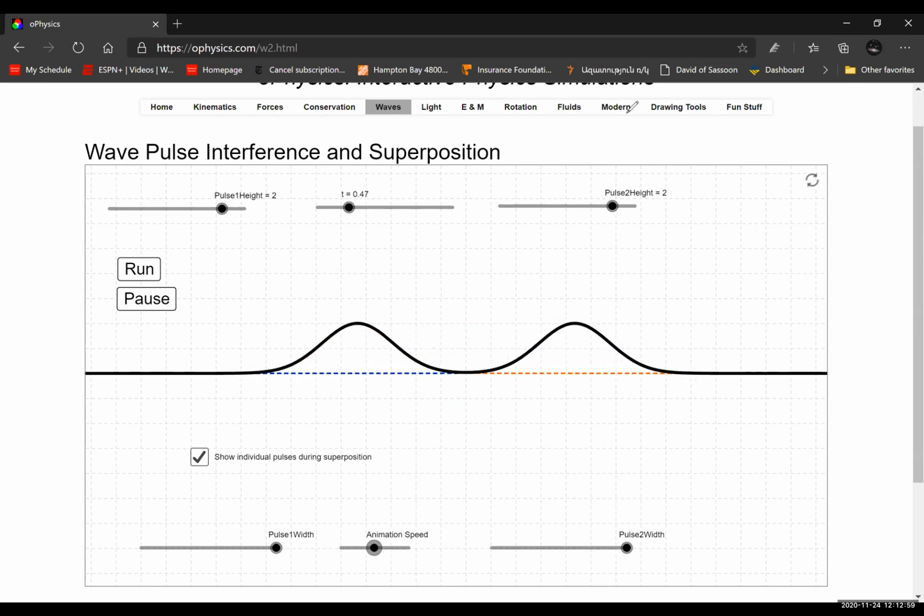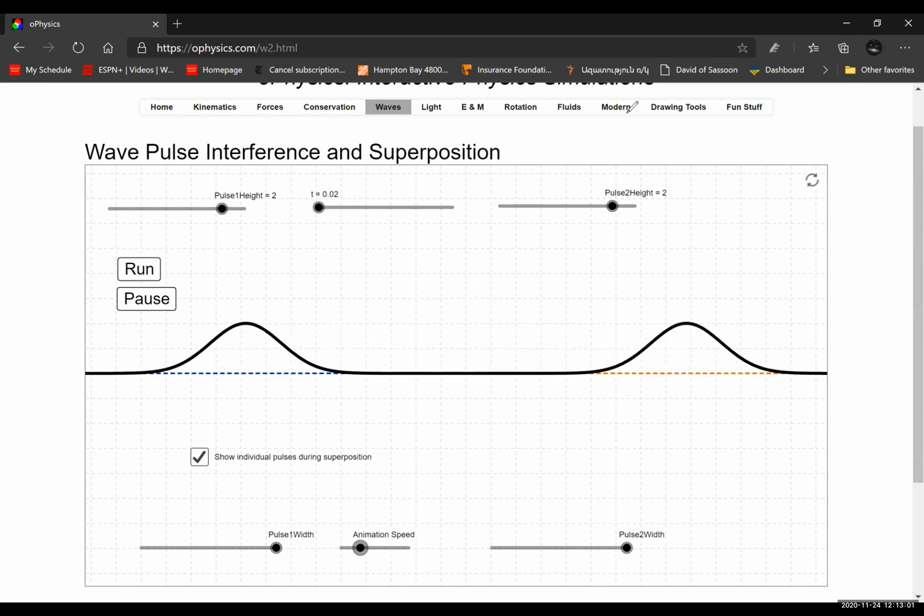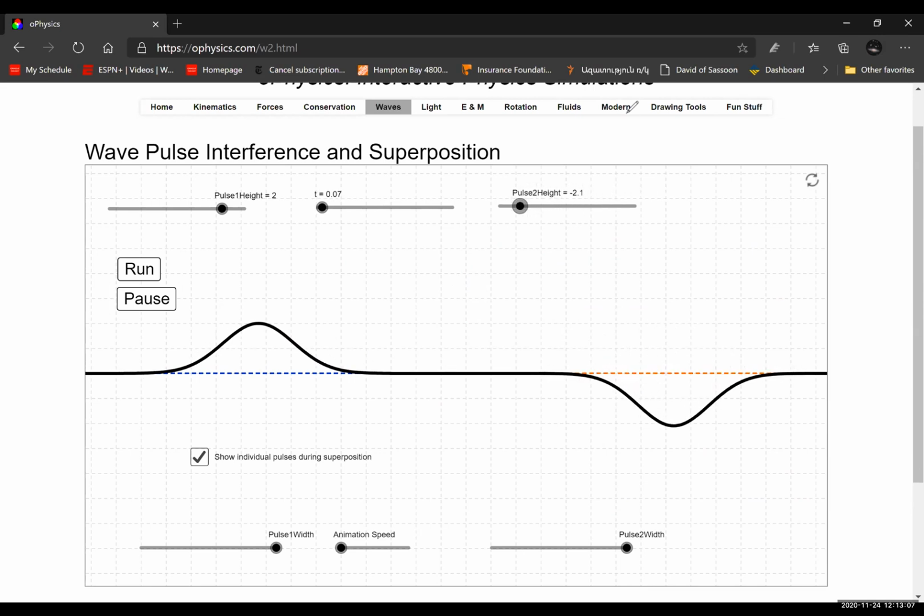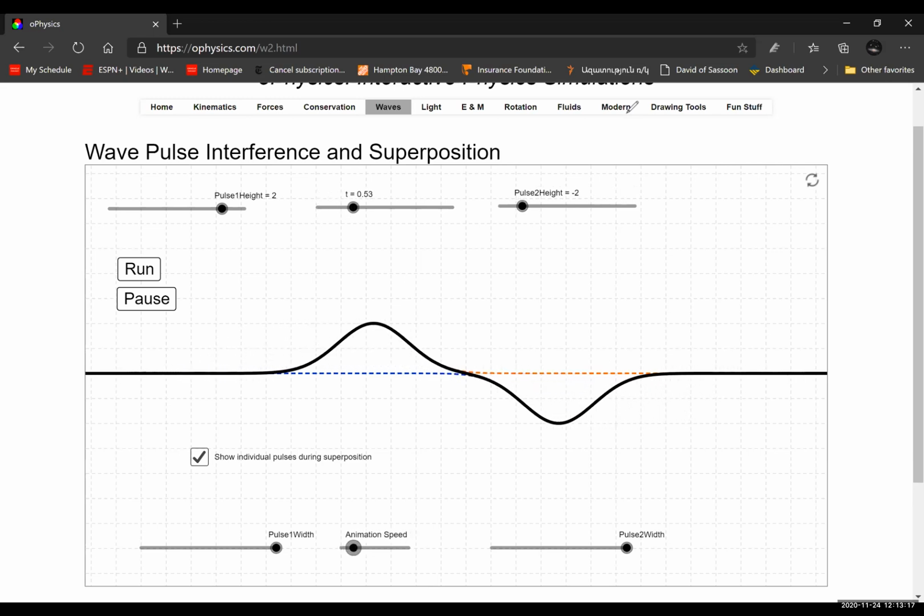Now let's wait until they get somewhere over here, and then let's pause. What I'm going to do is make the other wave -2. That means now their amplitudes are in opposite directions. Let's see what happens when they overlap now. See, now when they overlap, look at this.